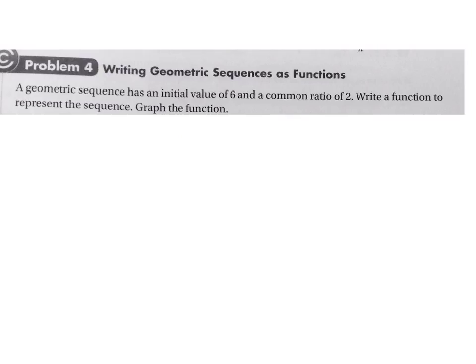Okay, example 4, writing geometric sequences as functions. A geometric sequence has an initial value of 6 and a common ratio of 2. Write a function to represent the sequence. Graph the function. It's the same thing as writing the formula, except you're using different variables. So if I needed a function, I'm going to have x's and y's.